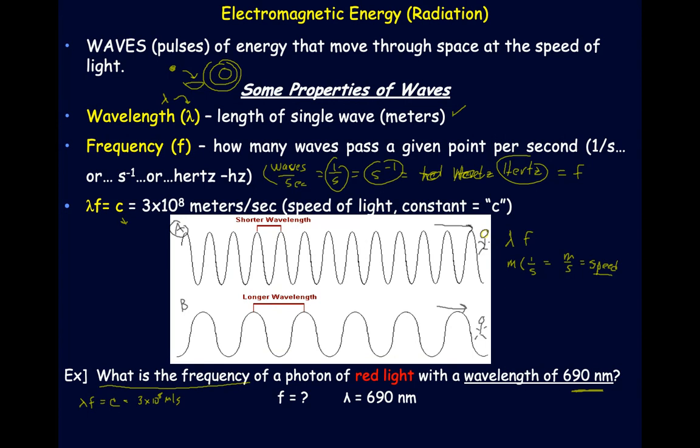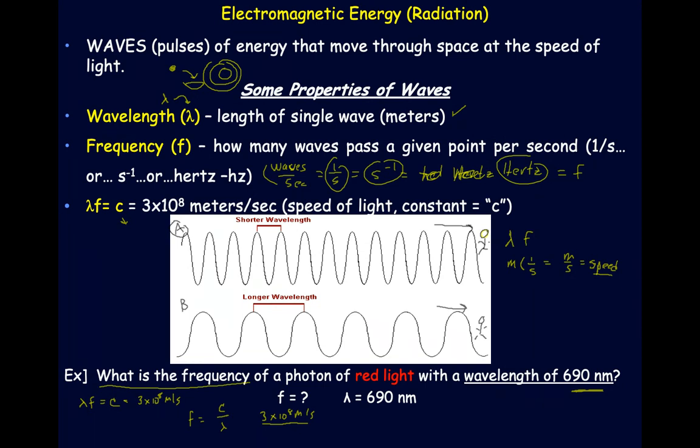If I solve this equation for f and isolate it, f is going to be equal to c over lambda. So I can say 3 times 10 to the 8 meters per second, and I can divide that by the wavelength.